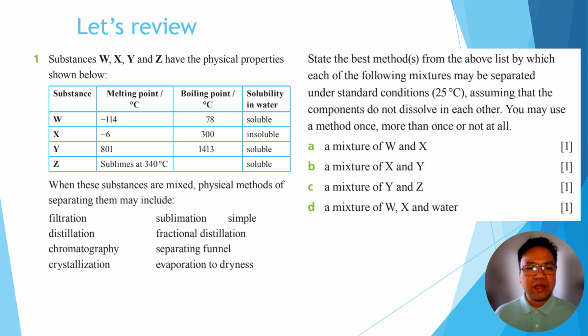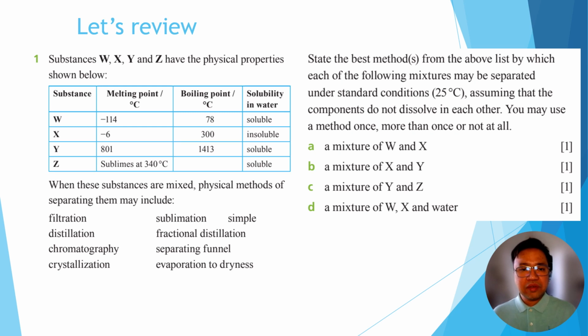Substance Y has a melting point of 801 degrees Celsius, a boiling point of 1413 degrees Celsius, and is soluble in water. And lastly, substance Z sublimes at 340 degrees Celsius and is soluble in water. Given these properties, here are the methods we could use to separate each substance from the mixture.